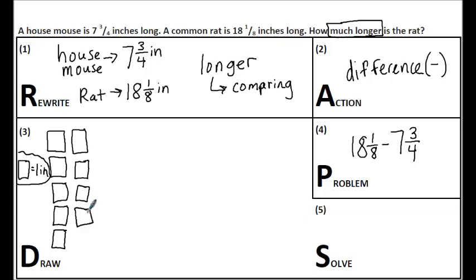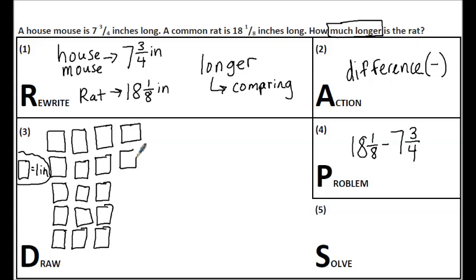So I'm going to draw 18 boxes and 1/8 of another box to show that 18 1/8 inches. So we have 5, 10, 15, 16, 17, 18, and 1/8 of another box.